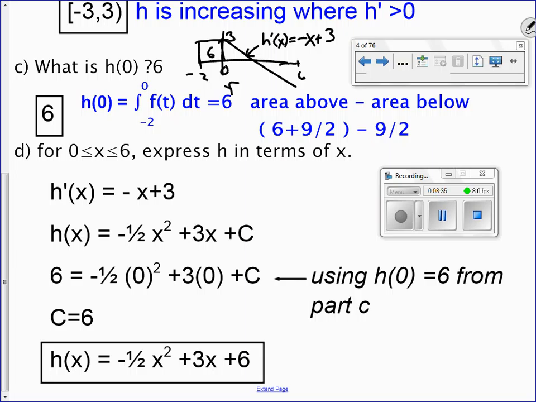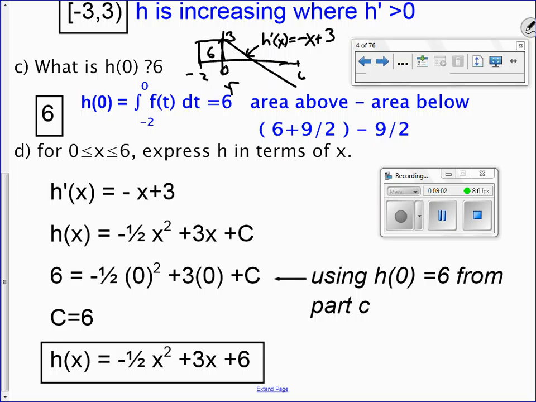Once you've written the equation for the derivative, you just take the antiderivative to get h of x. Every time you take an antiderivative, you're going to wind up with a plus c. So you need a point on the graph of h of x to solve for c. It's got to be some x value between 0 and 6 that you figured out h of x for.